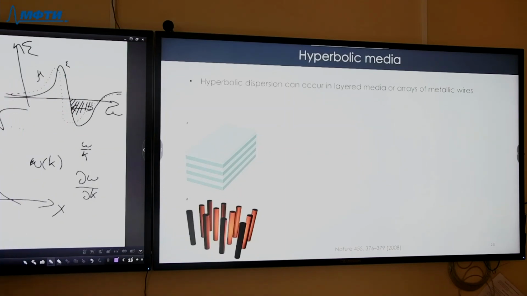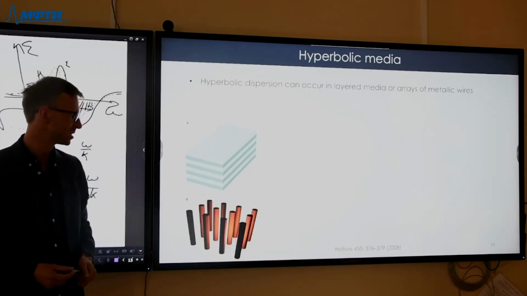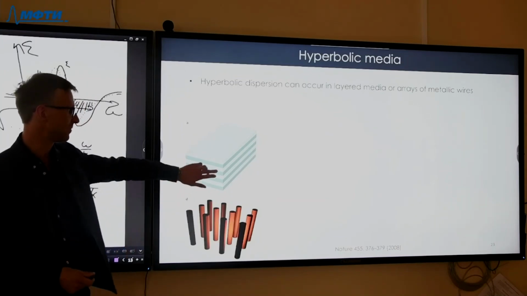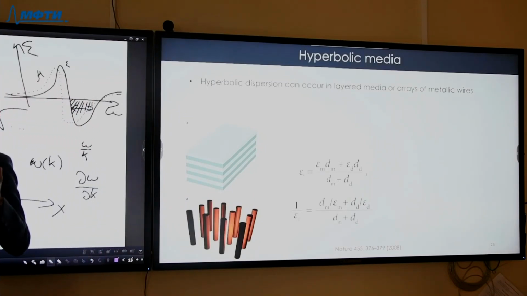We can engineer a multi-layered structure that contains alternating dielectric and metallic layers, or an array of metallic wires in a dielectric matrix. We can describe this artificial medium with the effective medium approach, which treats the entire structure as a homogeneous medium.